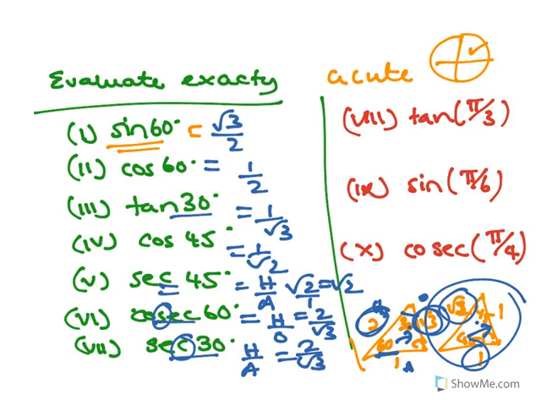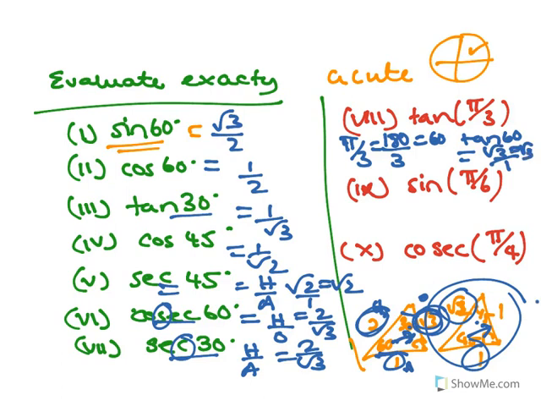Looking at this, pi on 3 is 180 on 3, which is 60. So here we're looking at tan 60. Tan 60 would be opposite root 3 on adjacent, so it's root 3 on 1, which is root 3. Sine pi on 6.